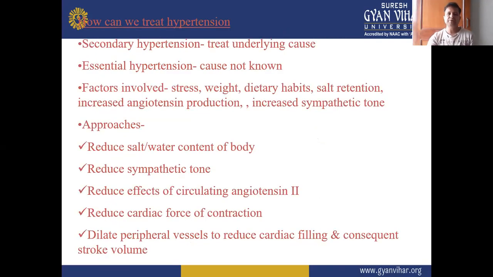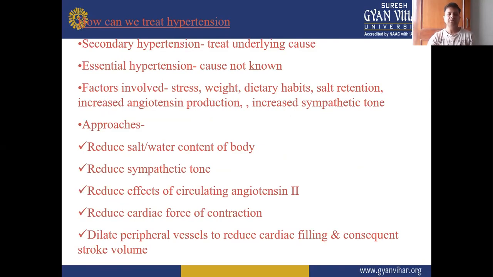Now, how can we treat hypertension? In secondary hypertension, treat the underlying causes. Essential hypertension causes are not known. Factors involved: stress, weight, dietary habits, salt retention, increased angiotensin production, increased sympathetic tone.